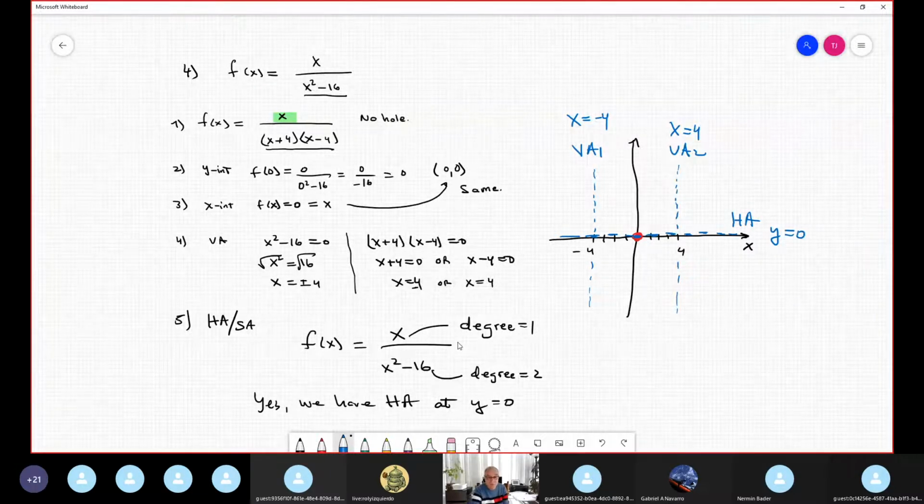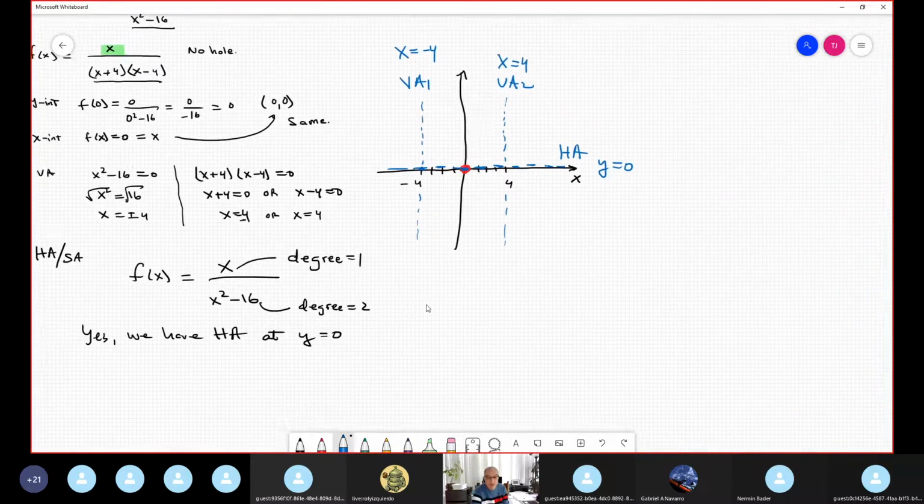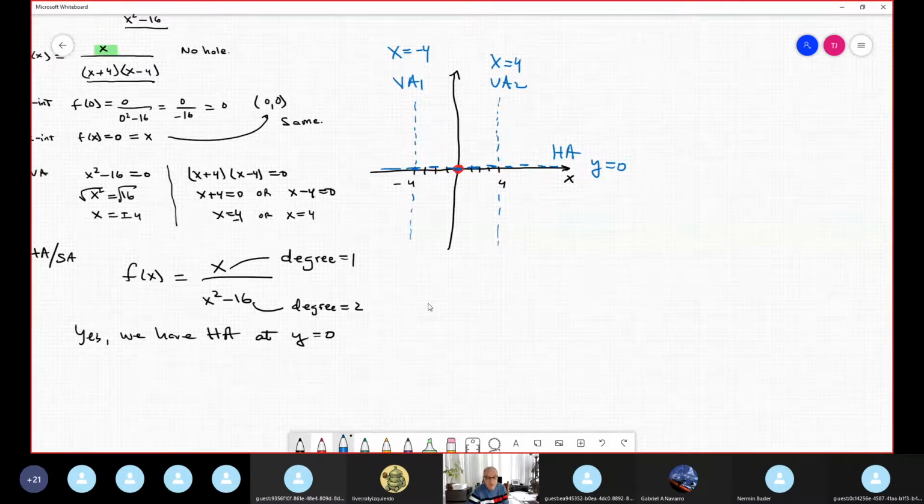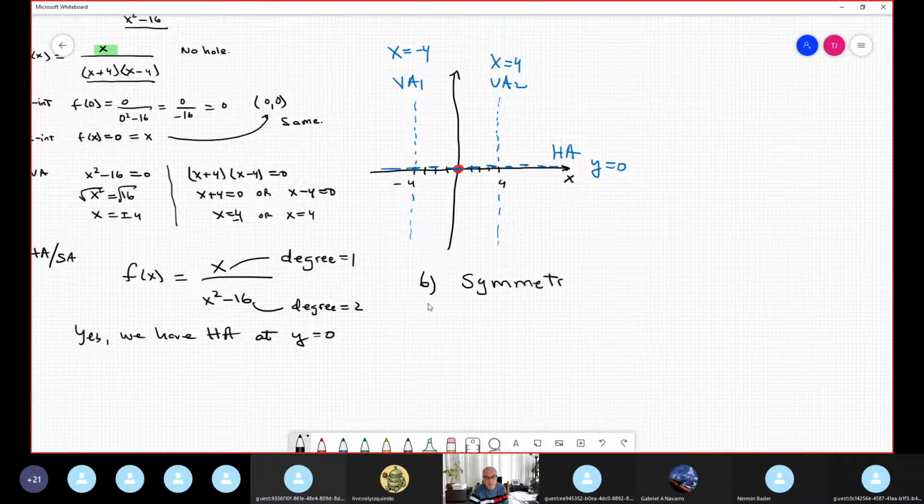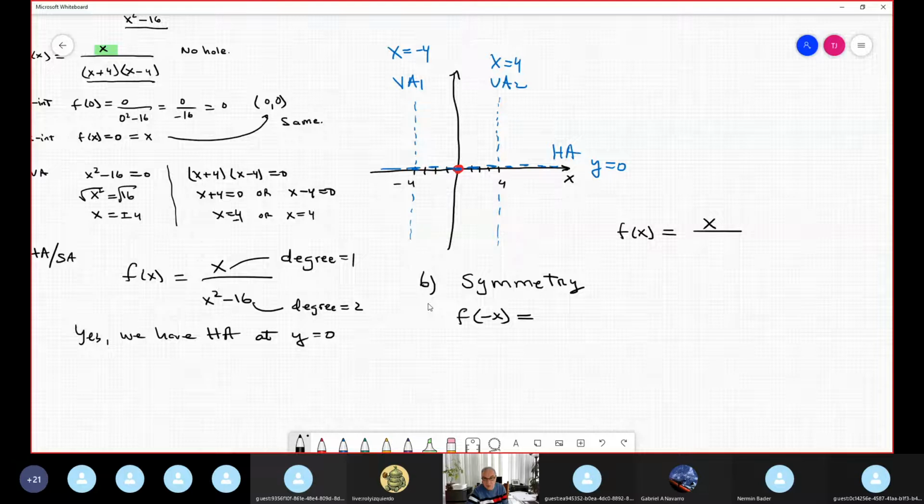Okay, now what's next? Analyze the symmetry. The symmetry is number 6, symmetry. Replace x with negative x, and let's see what happens. In our specific example, remember, f of x was at the beginning x over x squared minus 16.